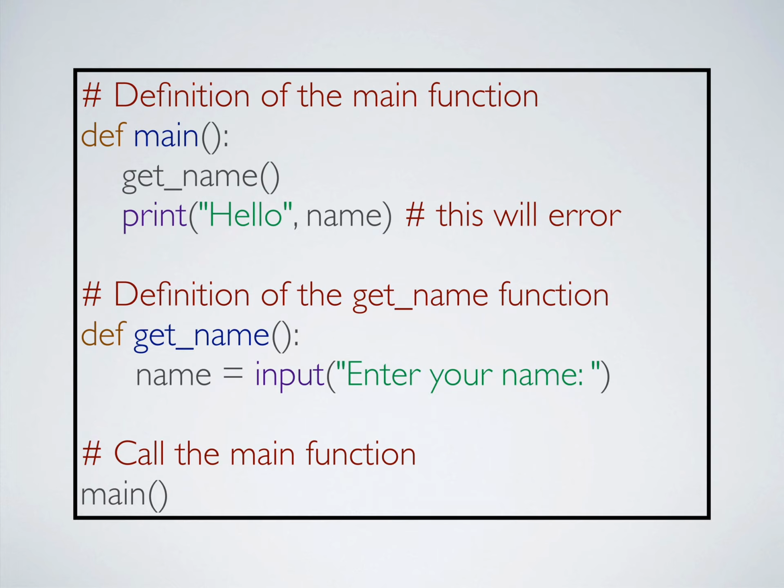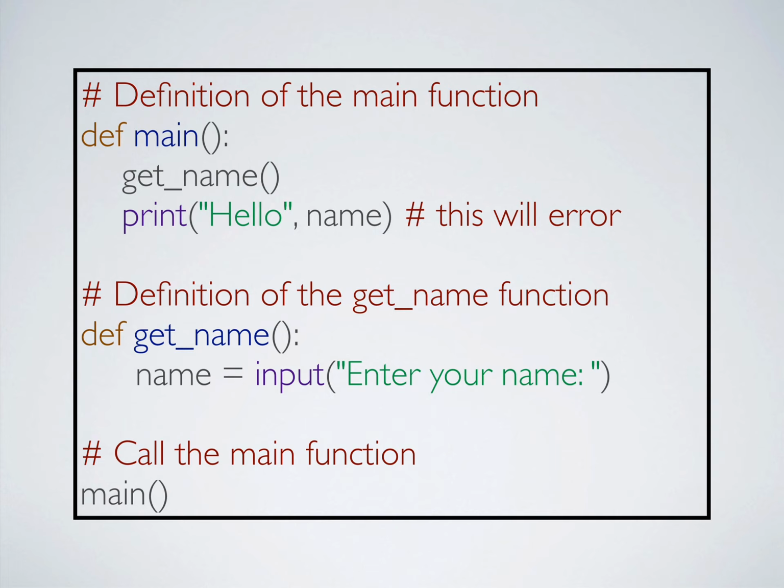Since name gets its value inside of the getName function, that means this variable name's scope is local to getName, meaning the value that's stored in name only exists in this function getName. It does not exist anywhere else in our code. It's only local to that function.